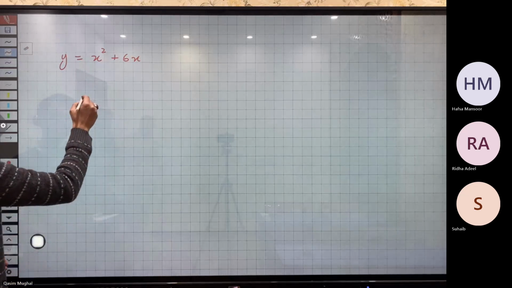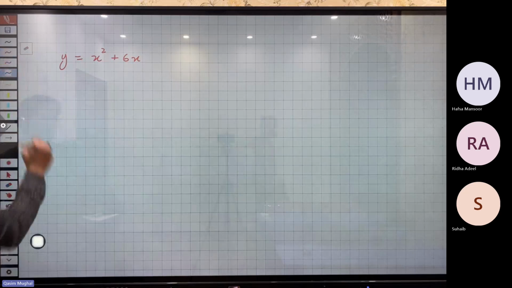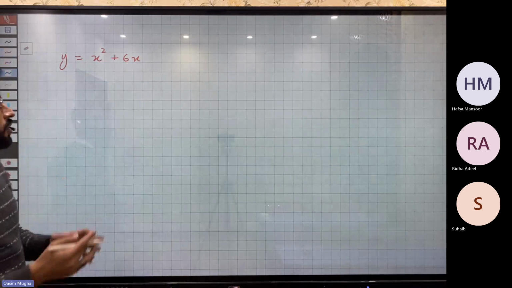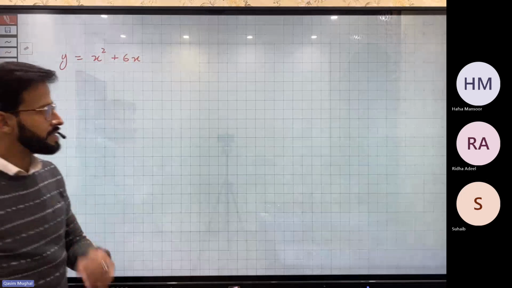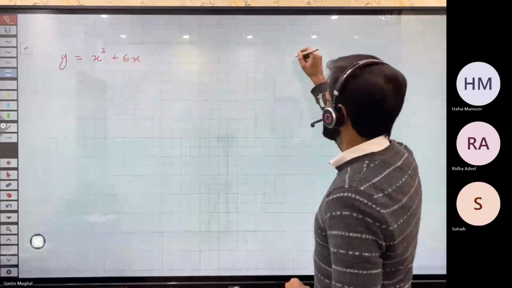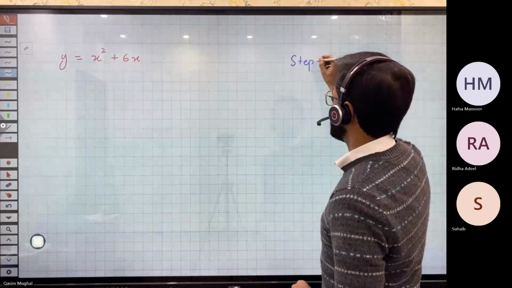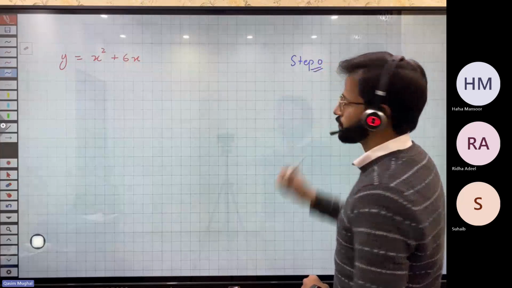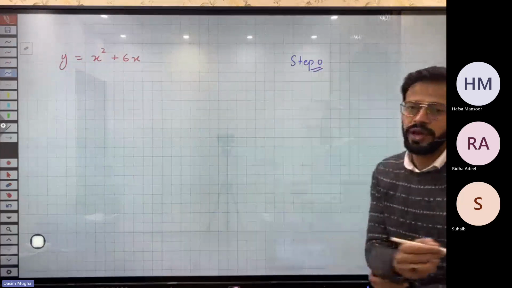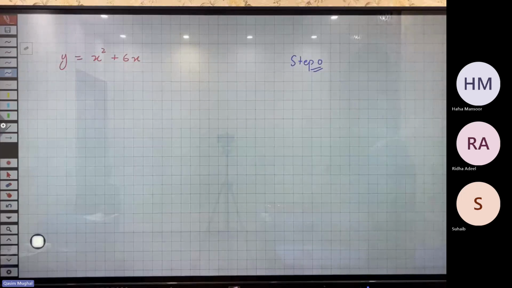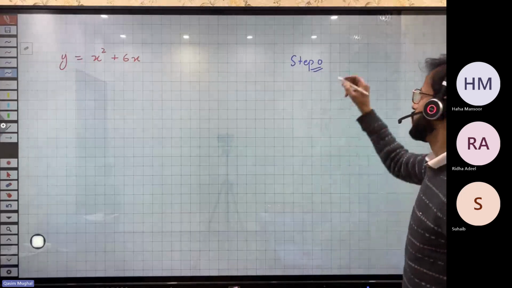Now here is the process of how you do it. First of all, whatever I'm going to write down with the blue, no matter what, you have to do that all the time. There's a step zero. Step zero is basically a precaution. Make sure that the coefficient of x square is always positive 1.